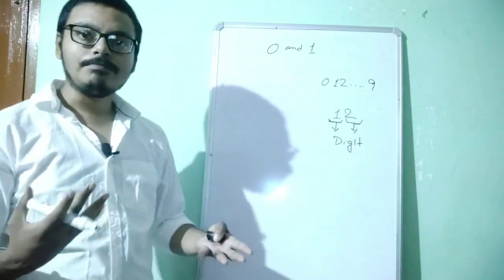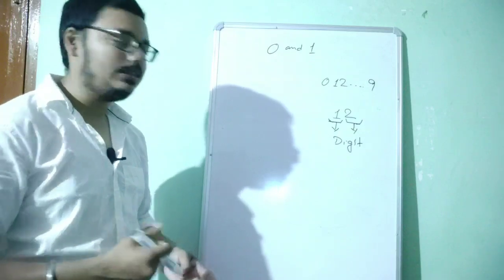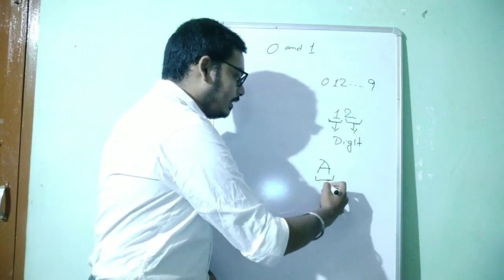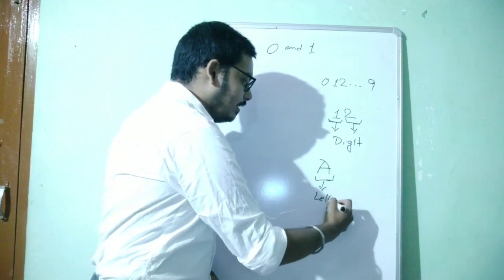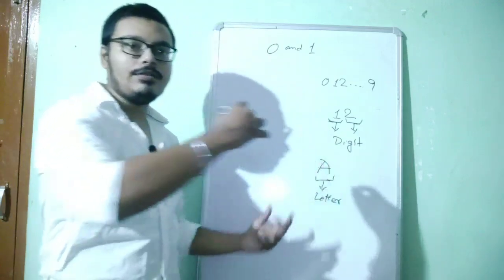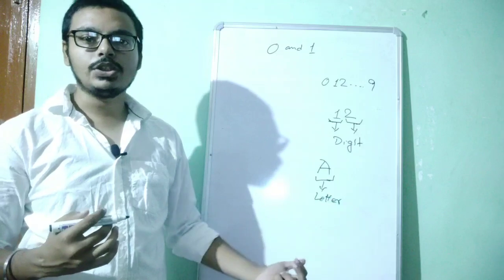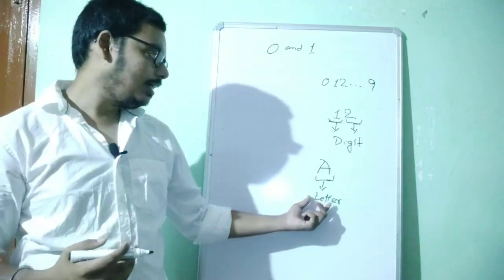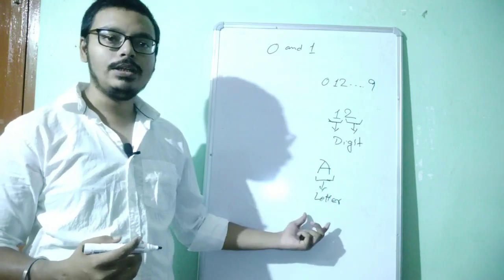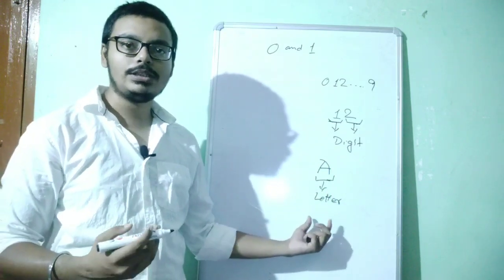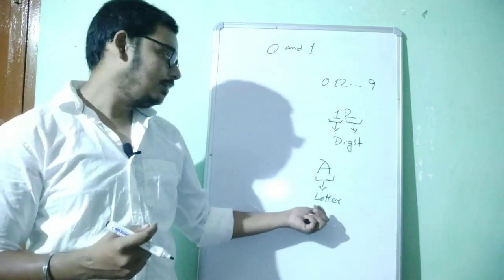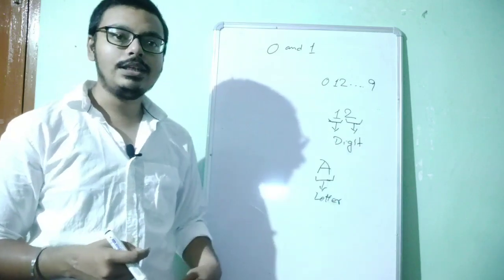Like in English also, if I say a single alphabet, I call it a letter, right? And if I write a combination of alphabets, I call it a word, right? So similarly, the smallest unit of any language or number has a name, that is letter or digit, right?